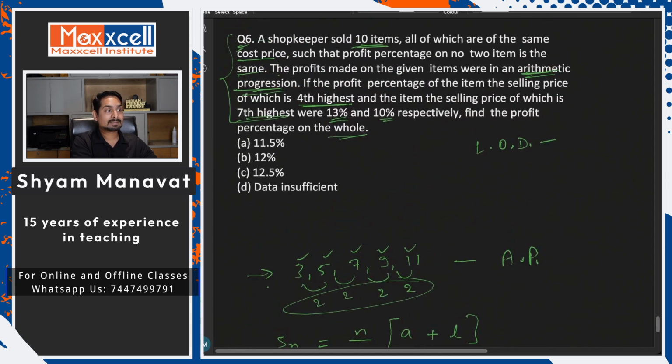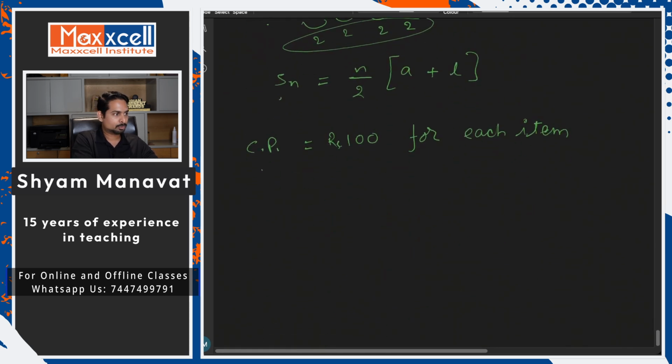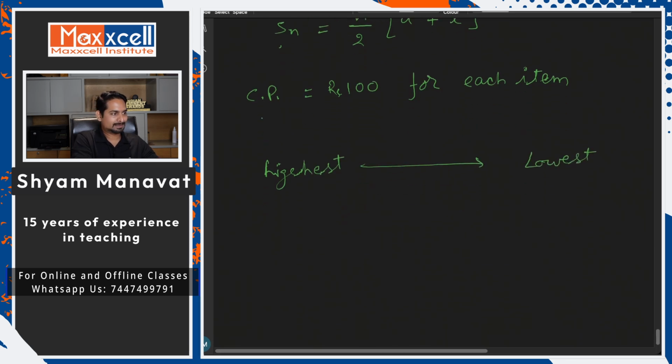Now the selling prices of the 4th and 7th highest are given. Let's say we go in the progression from highest to lowest. So here we have the top highest, second highest, third highest. There are 10 items, right? 4th highest, 5th highest, 6th highest.